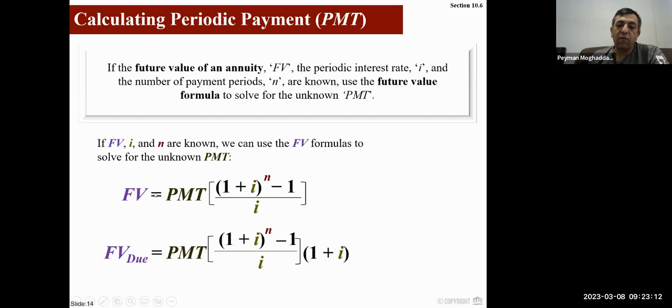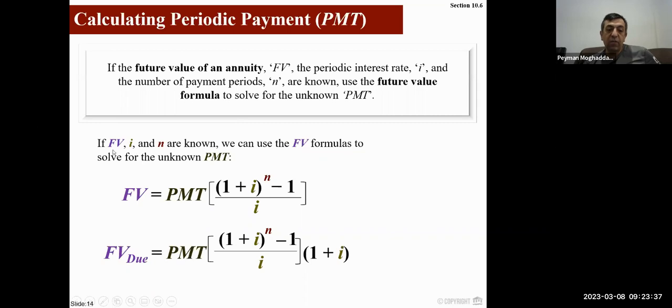For the future value of an ordinary annuity, FV equals PMT times (1 plus I) to the power n minus 1, divided by I. And for the future value of an annuity due, it is PMT times (1 plus I) to the power n minus 1, divided by I, multiplied by (1 plus I). You remember that? An annuity due has the 1 plus I factor in front of it.